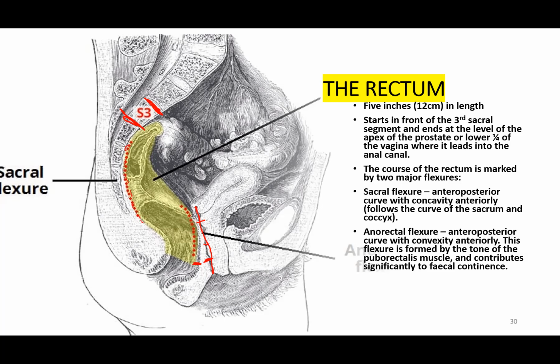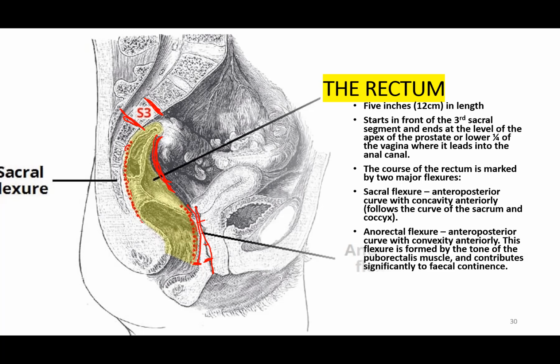And the anorectal flexure has convexity anteriorly. So for the sacral flexure, the rectum falls into this concave course of the sacrum, having a concavity anteriorly, while the anorectal flexure has convexity anteriorly.